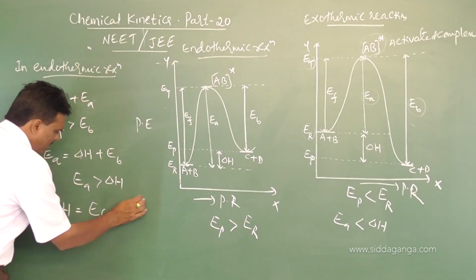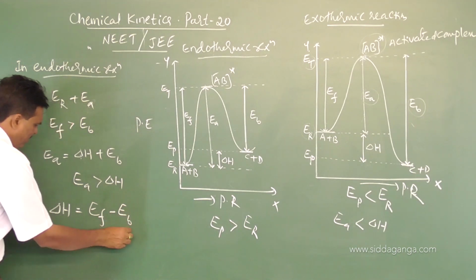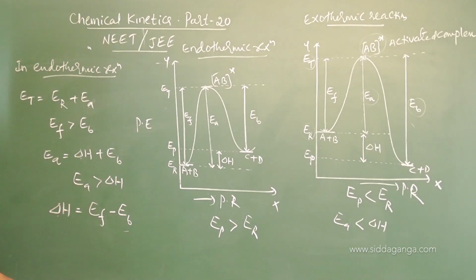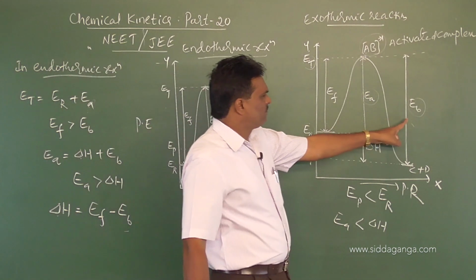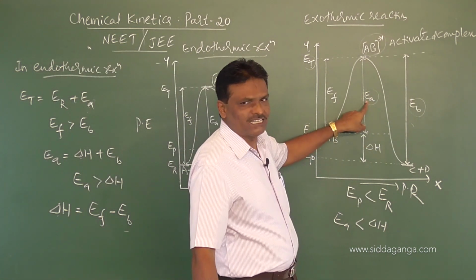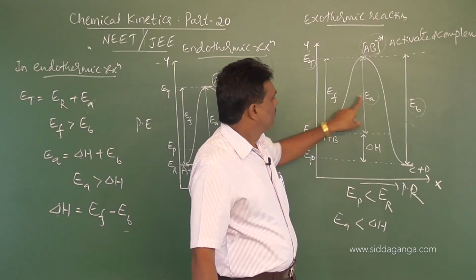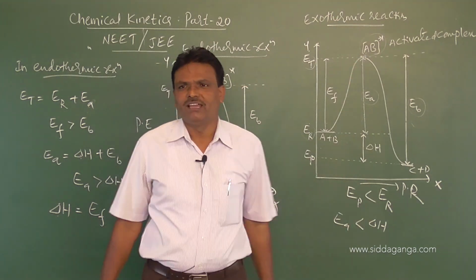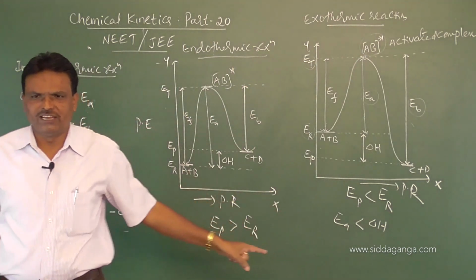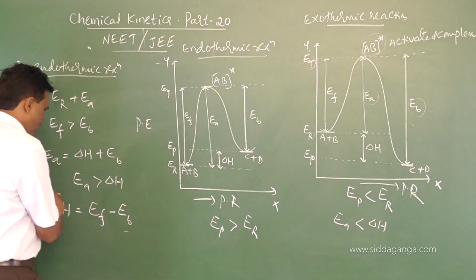EB means energy of activation for the backward reaction. But here, energy of activation for the backward reaction minus energy of activation for the forward reaction is equal to delta H. That is in case of endothermic reactions. So they ask this way, so remember these.